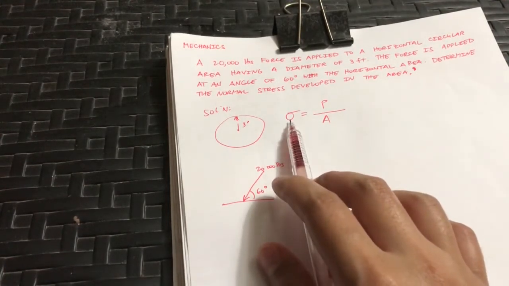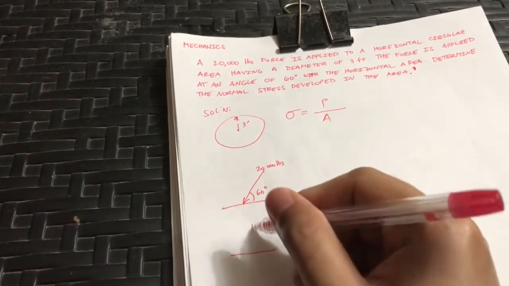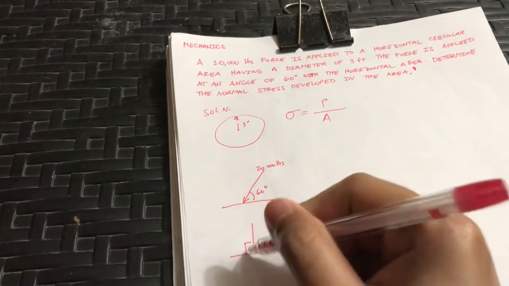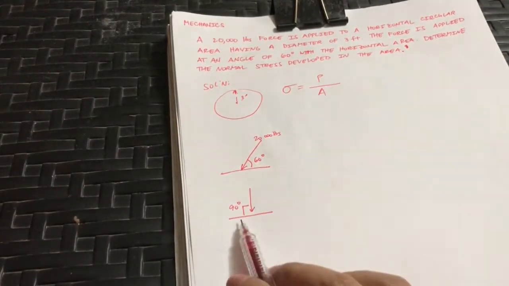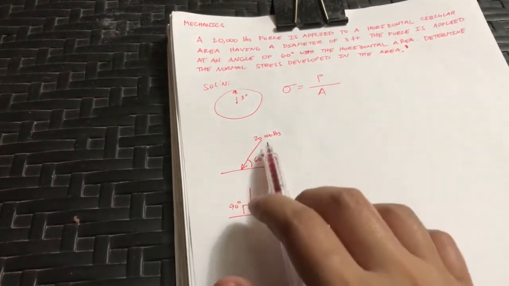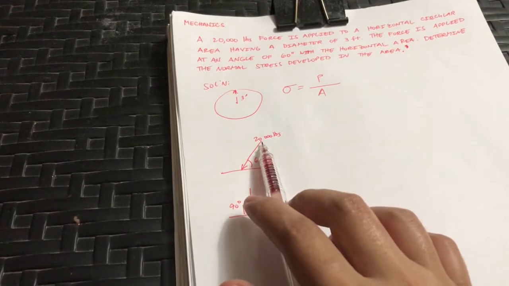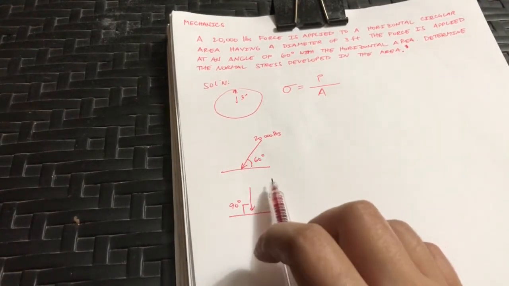I repeat, the normal stress occurs when you have an area and a load where the load and the area have an angle of 90 degrees between them. So to solve the normal stress, we need the component of this load that is vertically going downward.